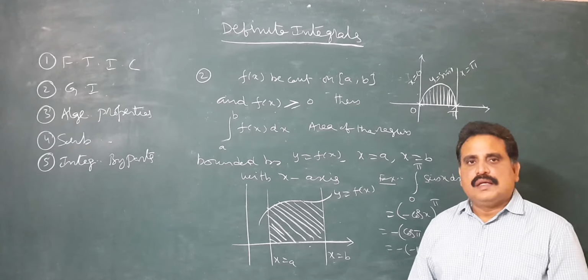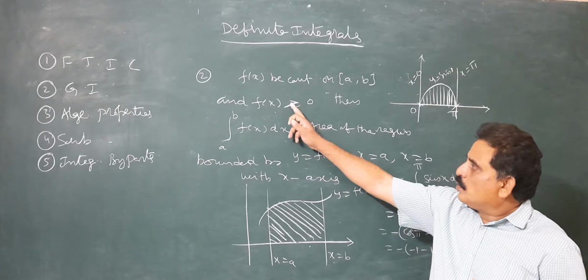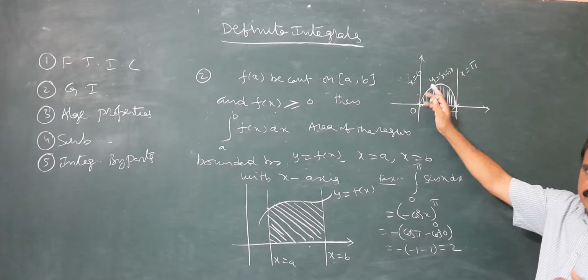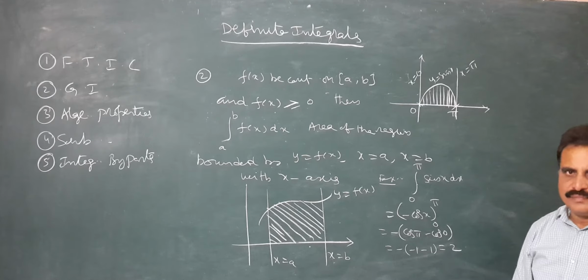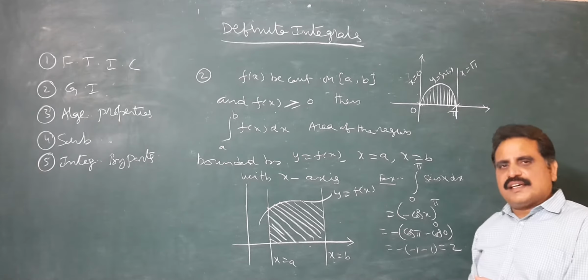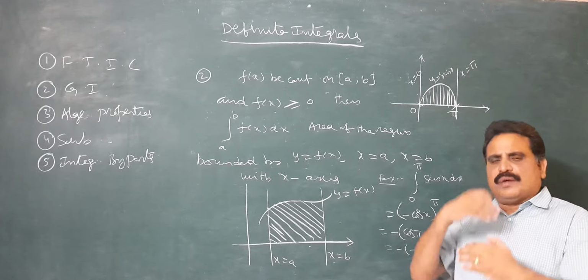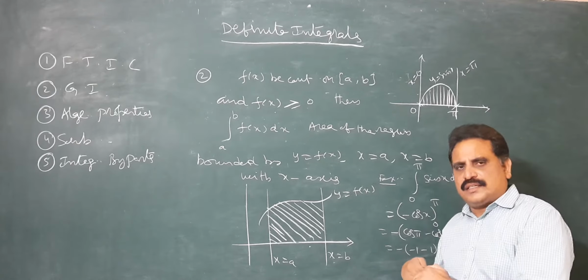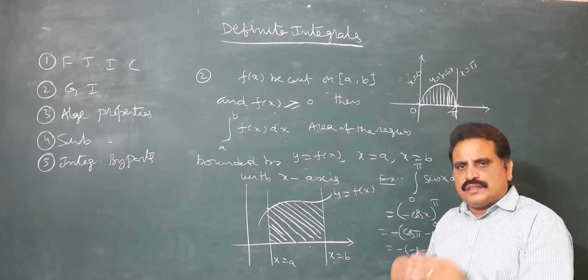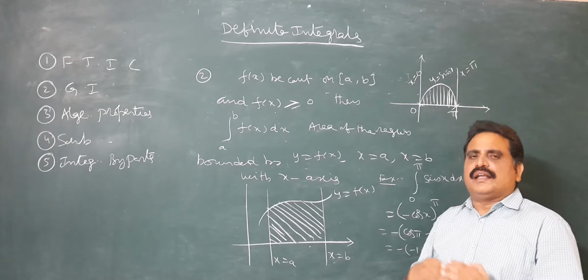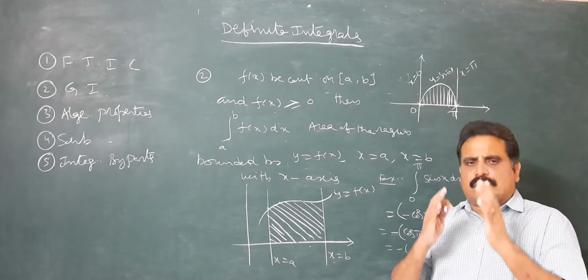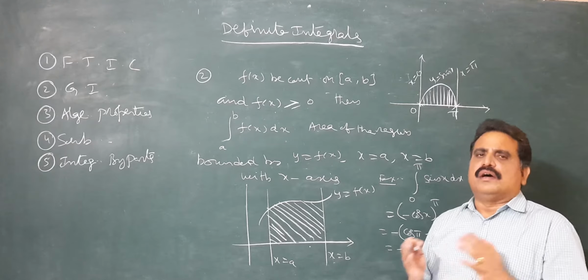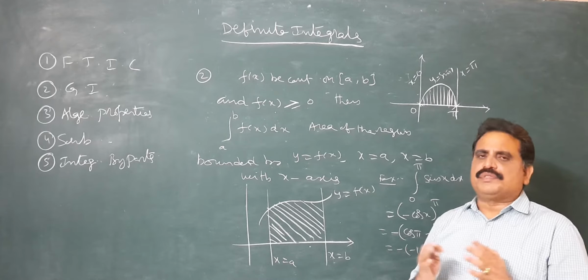Here f of x is greater than or equal to 0. Here sin x is also greater than or equal to 0. That means it is above the x-axis. If it is below the x-axis, or some part is above and some part below the x-axis, how to find the area, we discuss in another chapter, areas. Especially we discuss the areas bounded by curves and different types of lines there.